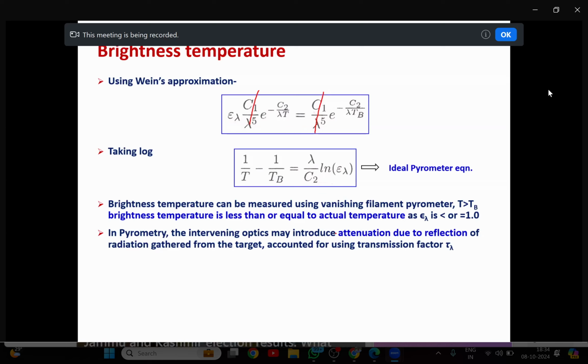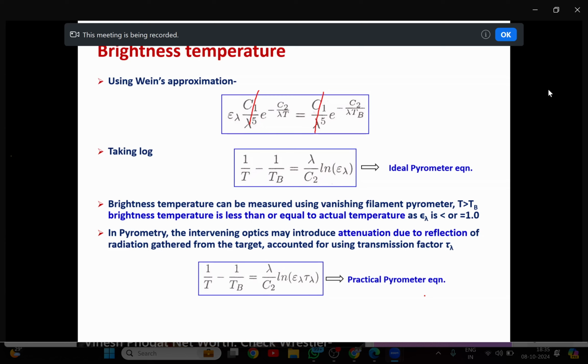So you can correct that in this equation. When you correct the transmission factor, this will be multiplied on the left-hand side here, so eventually on the equation, it will be on the right-hand side. So you will have 1 over T minus 1 over T_B equal to lambda over C2 ln of the spectral emissivity into the transmission factor. Okay, there is going to be some loss, the radiation power loss, at each of these lenses. So this is called the practical pyrometer equation. This is the ideal pyrometer equation. This is the practical pyrometer equation.